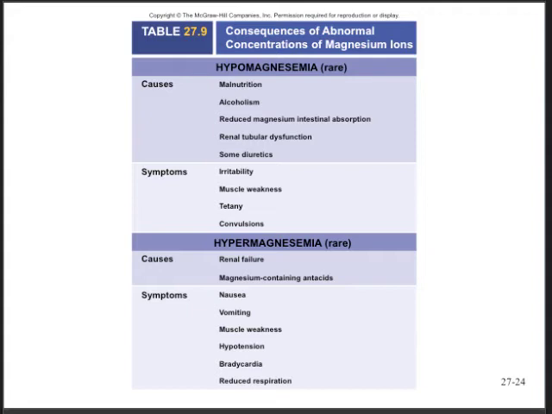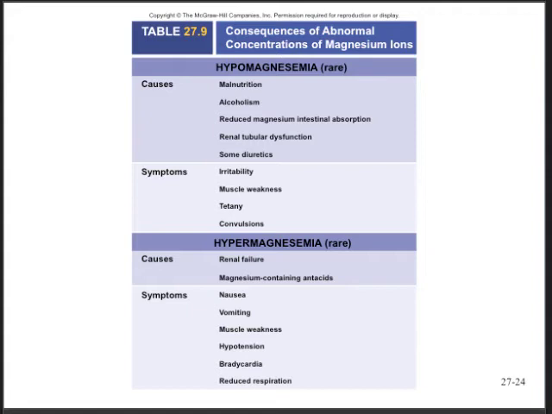Now, it might not be immediately obvious why these conditions manifest themselves, and this requires a little bit of consideration of the effects at the level of the pump and the channels that populate the membranes in the cells that are impacted by these changes in magnesium concentration. First thing we should note is that hypomagnesia triggers hypokalemia because it enhances potassium channel efflux and the elimination of potassium by the kidney.